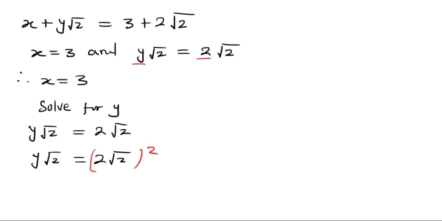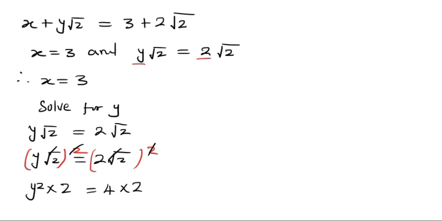Squaring both sides, the square cancels the root, and this will give us y squared times 2, and on the right, squaring 2 will give us 4, times the root cancelled, 2.